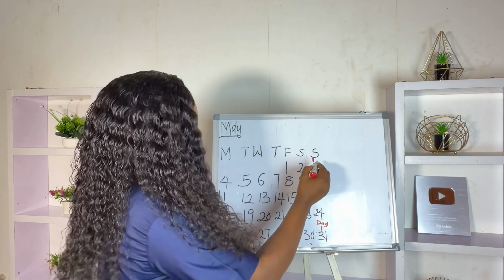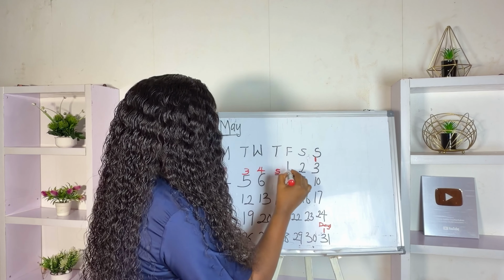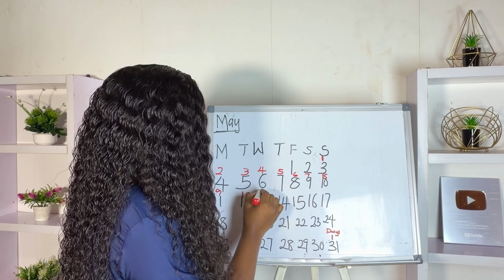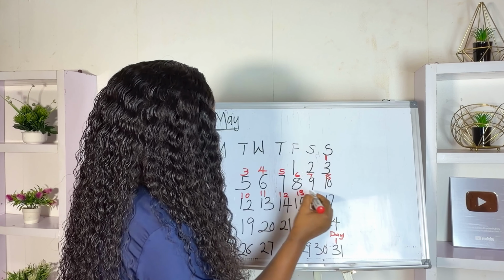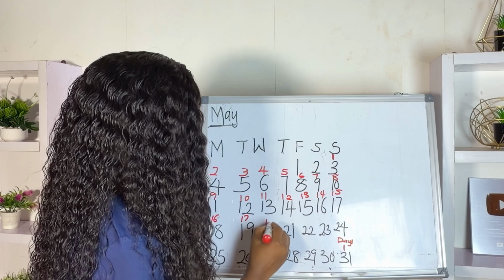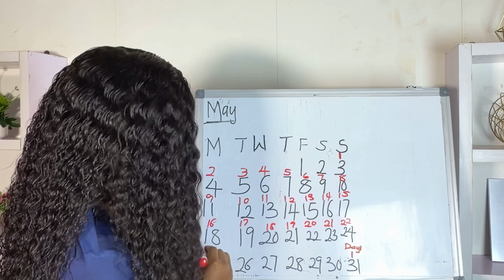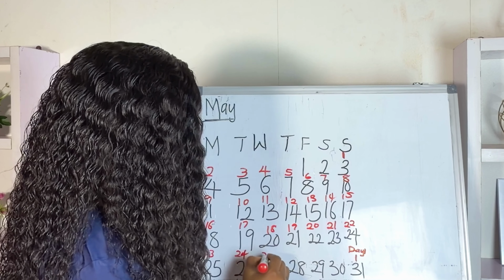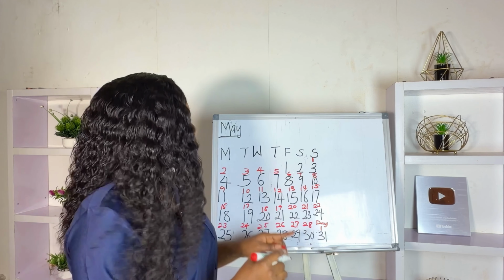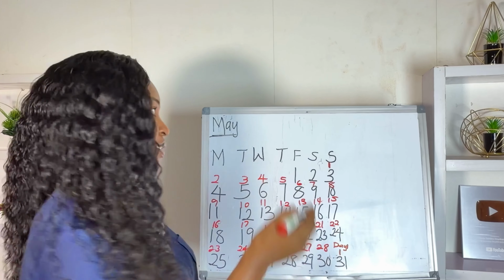Now, we'll start counting from here, which is day 1, day 2, day 3, day 4, day 5, day 6, day 7, day 8, day 9, day 10, day 11, day 12, day 13, day 14, day 15, day 16, day 17, day 18, day 19, day 20, 21, 22, 23, 24, 25, 26, 27, 28. So in this month of May, this person had a 28 days cycle length.